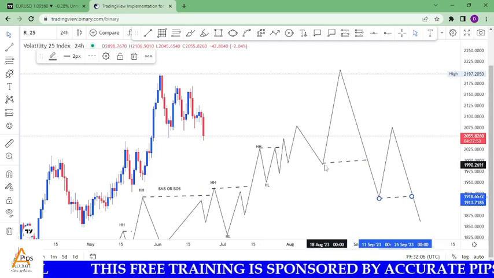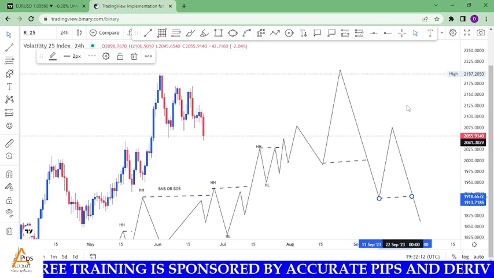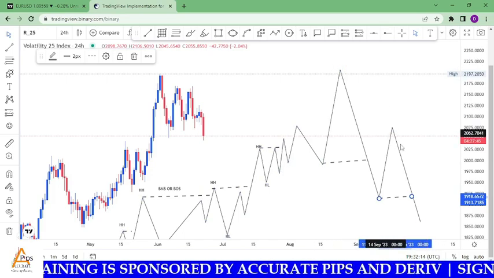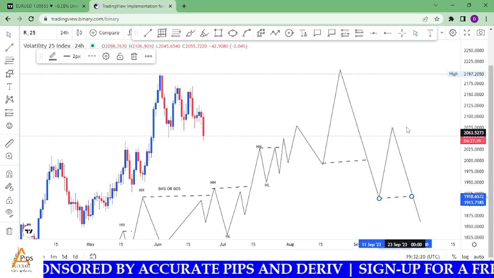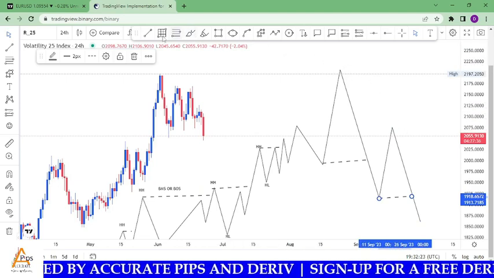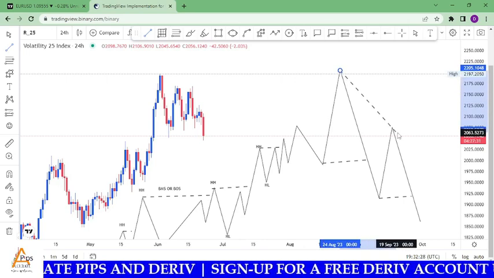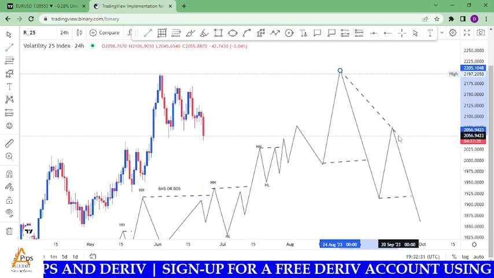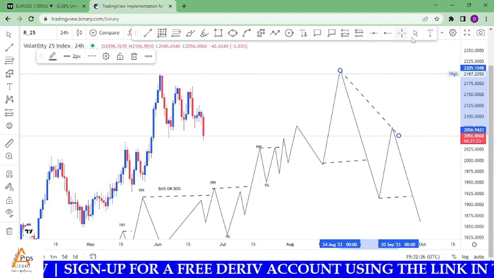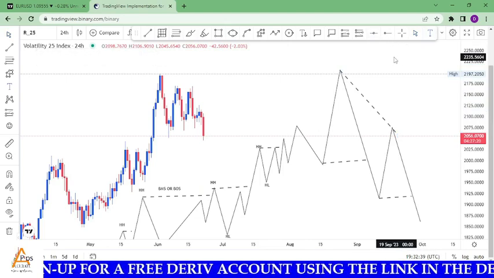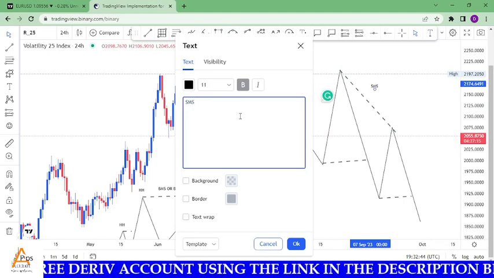The first low here was taken out, and then we have a high that did not go and take out this high, but rather continued to push down and take the low that was formed here. Once that happens, we know that there is a shift in market structure. Once you see a previous high not taken in an uptrend, and another high is formed but didn't take the previous high, then it forms what we call SMS, shift in market structure.